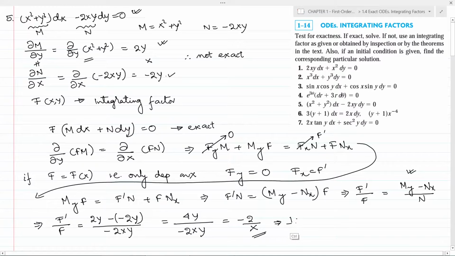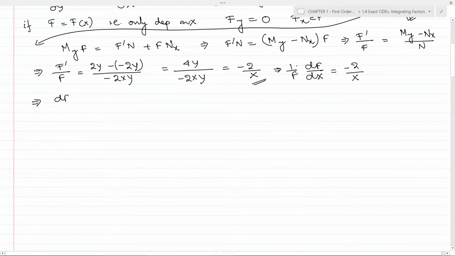So, we will write 1 by f df by dx equal to minus 2 by x. We will take this dx term to the right hand side and we can write df by f equal to minus 2 by x dx.